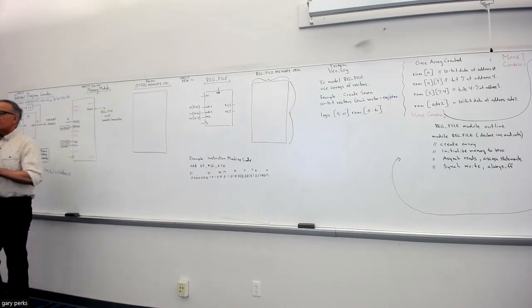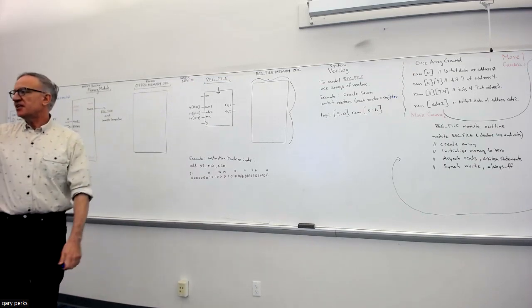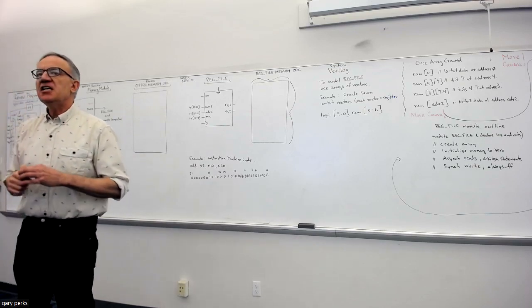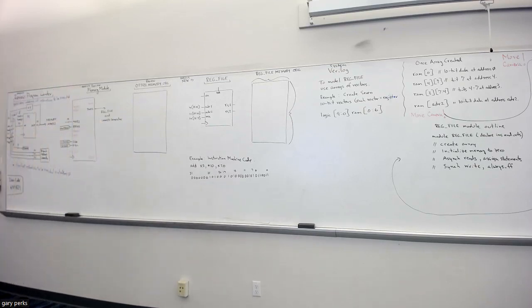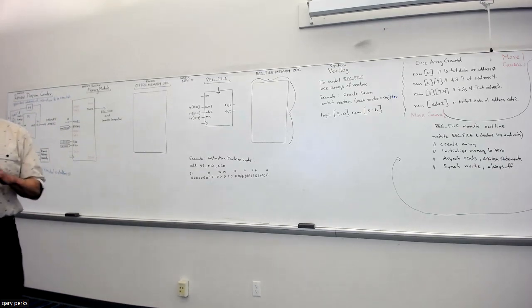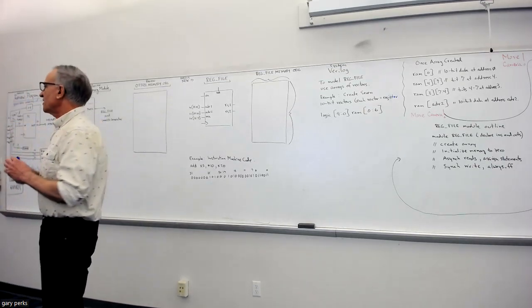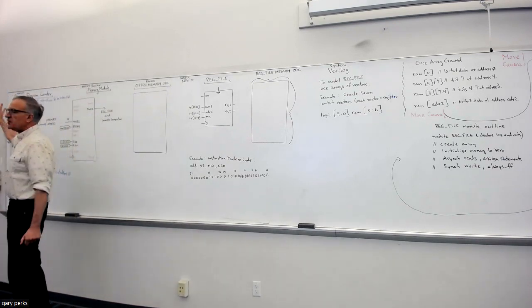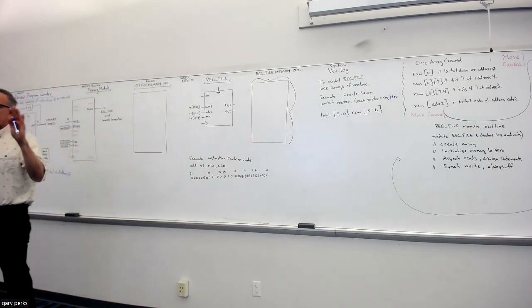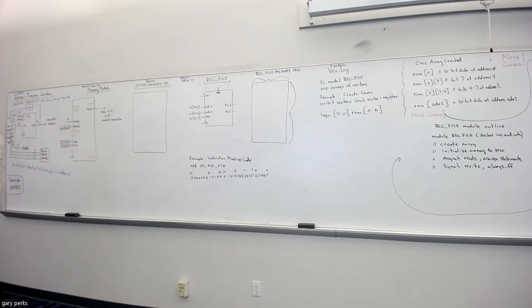You all designed finite state machines in 133, and when you design an FSM, where do you always start? What diagram do you always start with? A state diagram, right. So when we get to the point where you're ready to build that control unit, you're going to draw the state diagram.